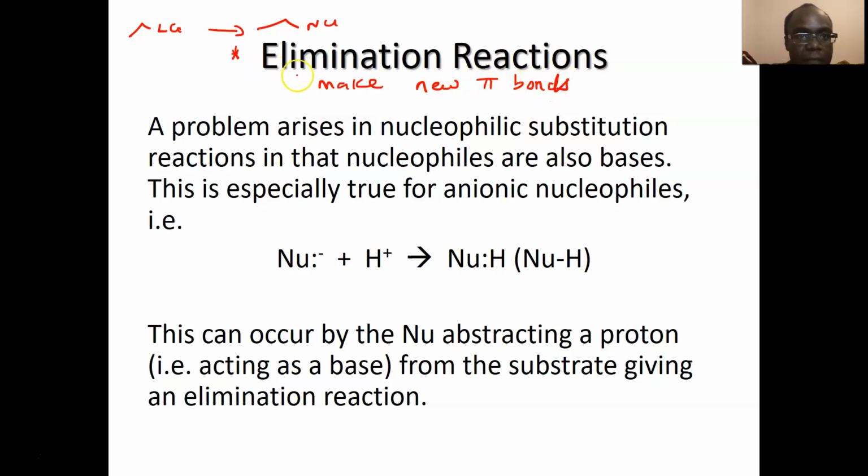Why is it called elimination? You have to remove what we call the beta hydrogen, and you have to lose a leaving group. Elimination reactions are different from substitutions.